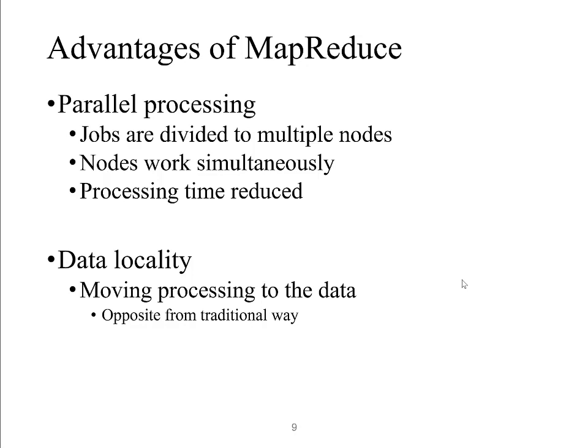For example, it is very cost effective to move the processing unit to the data. The processing time is reduced as all the nodes work with their part of the data in parallel. And every node gets a part of the data to process, so there is no chance of a node getting overburdened.